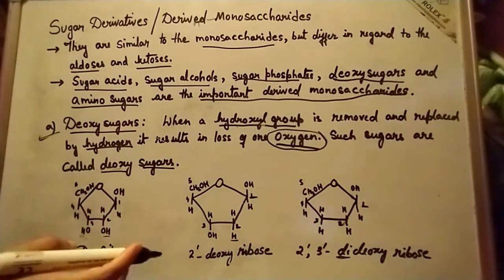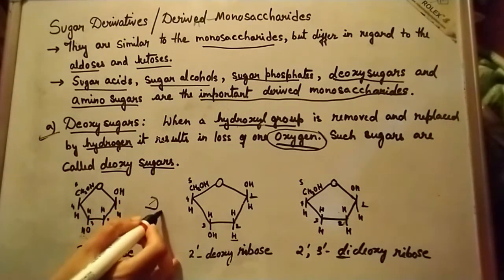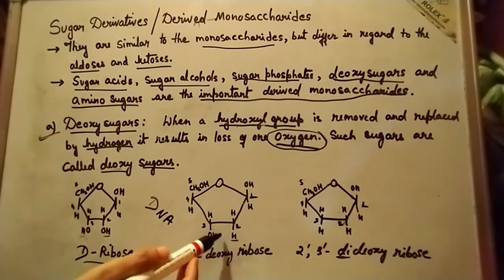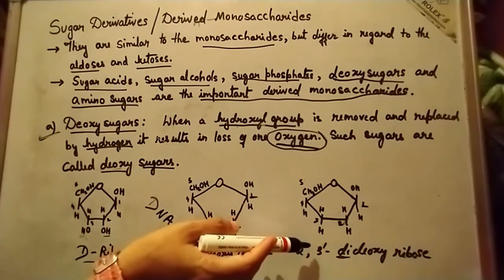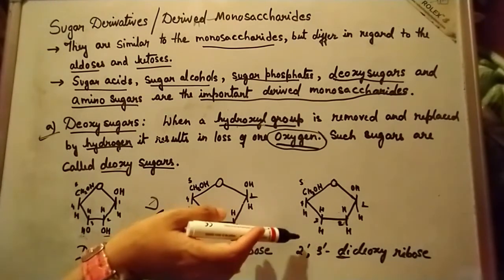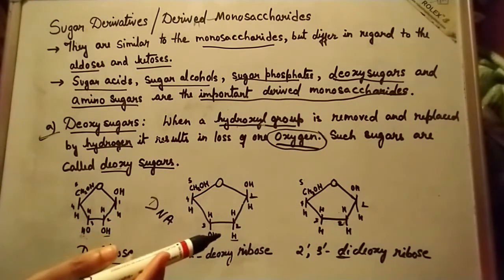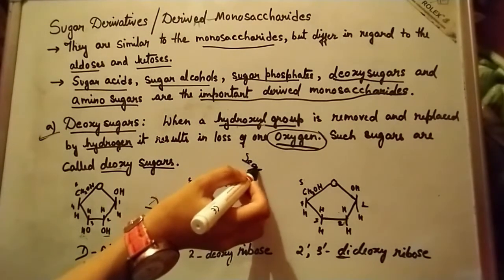Now this molecule here, 2'-deoxyribose, is an important constituent of DNA. It has the oxygen removed at carbon number 2, and dideoxyribose, which has the oxygen atom removed from carbon number 2 and carbon number 3, is used in DNA sequencing.